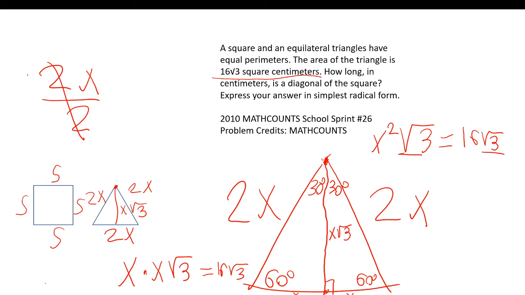I've never heard of a negative side length of a triangle, so henceforth x is equal to 4. Four squared is 16, so 16 root 3 works, and x is 4. So now we know the dimensions of this equilateral triangle. We can rewrite 2x, as we know x is 4, 2 times 4 is 8.